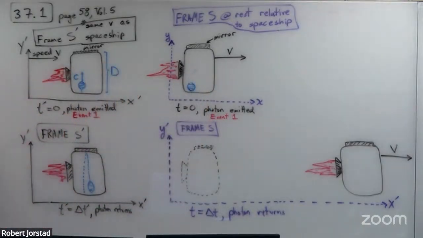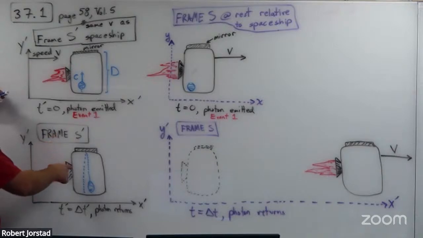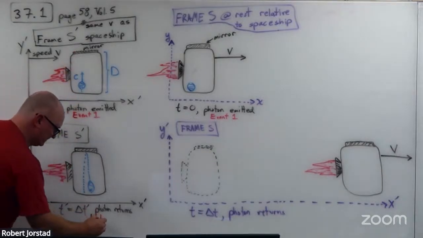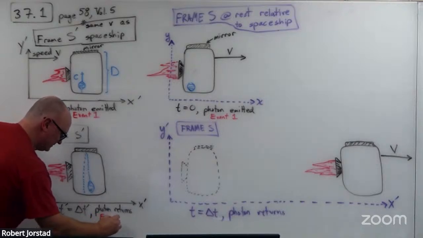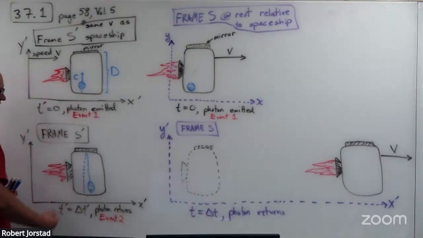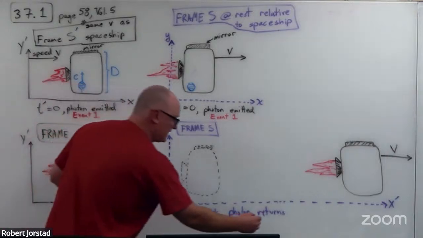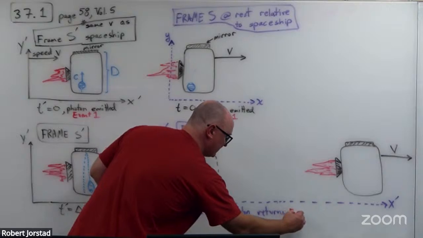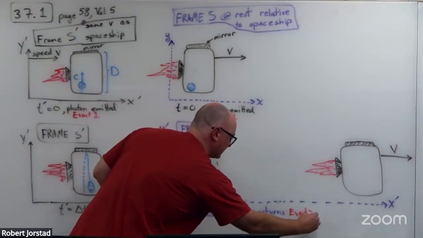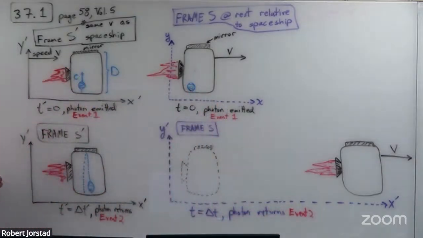In this frame, that photon's going to basically travel straight up, and then here we have event 2. The photon returns to the bottom. So that's the same event over here.